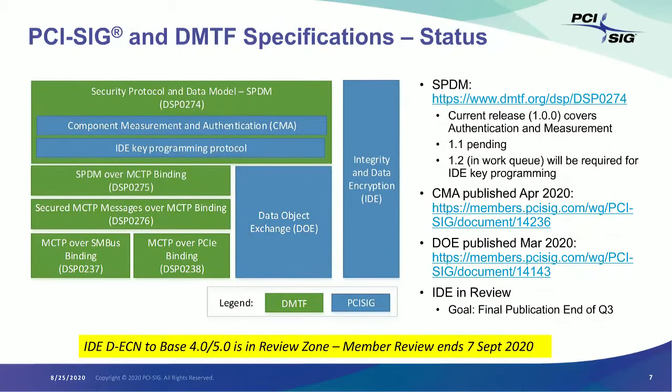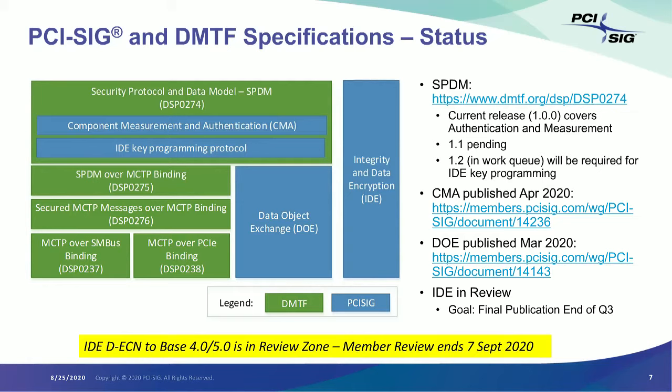I already mentioned the status, but here are the links. The major call out here is, as noted, that the IDE ECN itself is in a draft status. This is an ECN to the 4.0 and 5.0 specs, and we're going to close member review in about 2 weeks here.